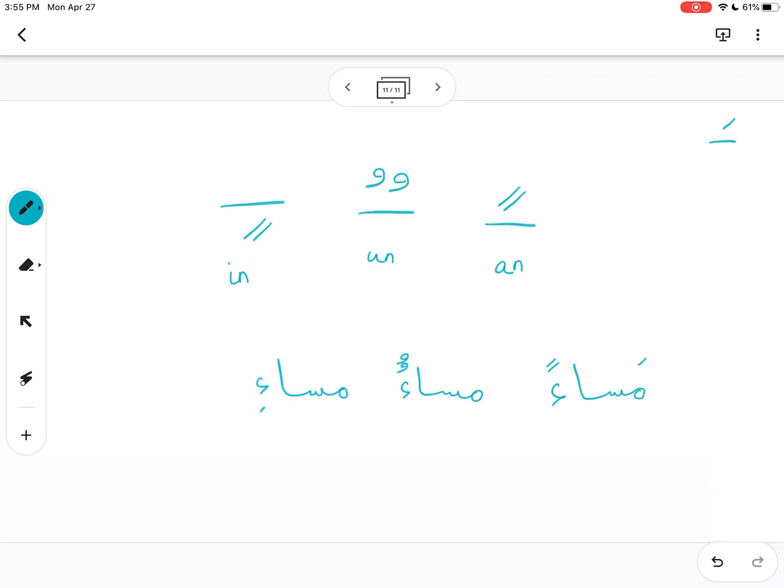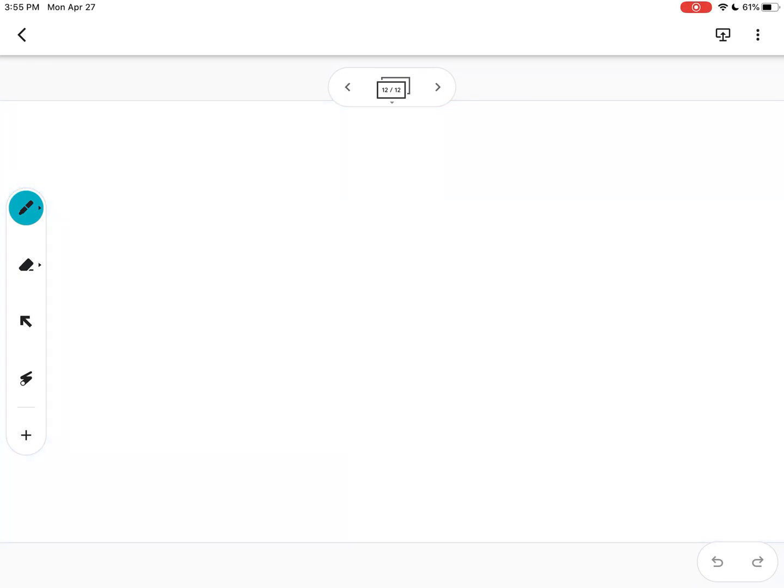If it had two kasras, masa'in. An, un, in. Okay? So now we're going to focus in on each one of these. Let's start with tanween al-fath, which is the tanween of the fatha.